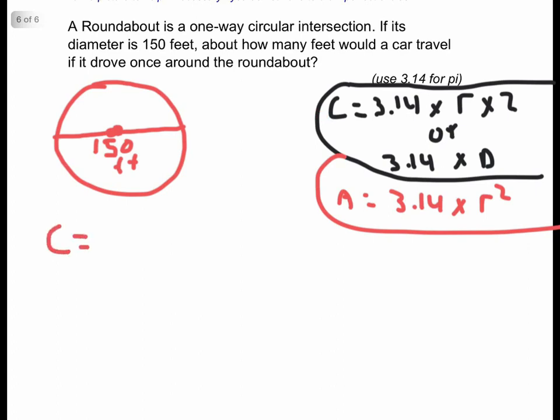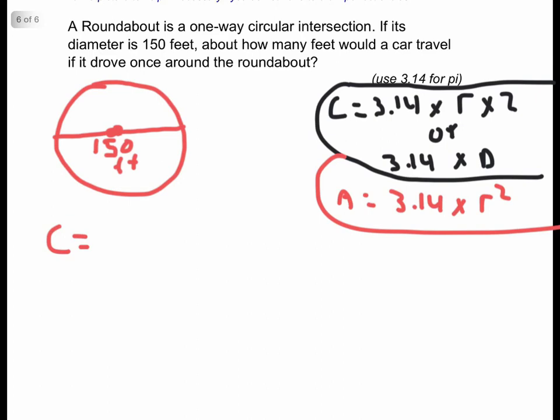So C equals, okay. So now we decide, well, which formula do I use for circumference? We have two that work equally well. We can take 3.14 times radius times 2, or 3.14 times diameter. They both give us the distance around, which is our circumference. Okay. So I notice here that it gives me my diameter, so why not use this formula, 3.14 times diameter. Okay.